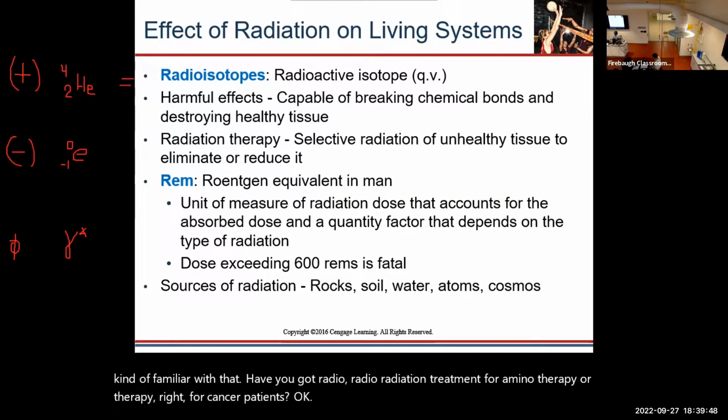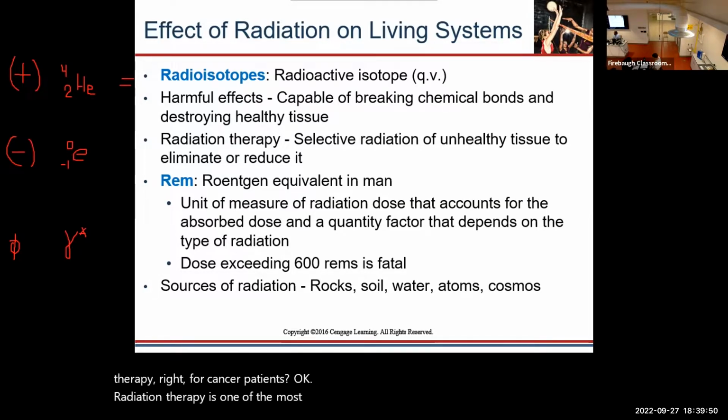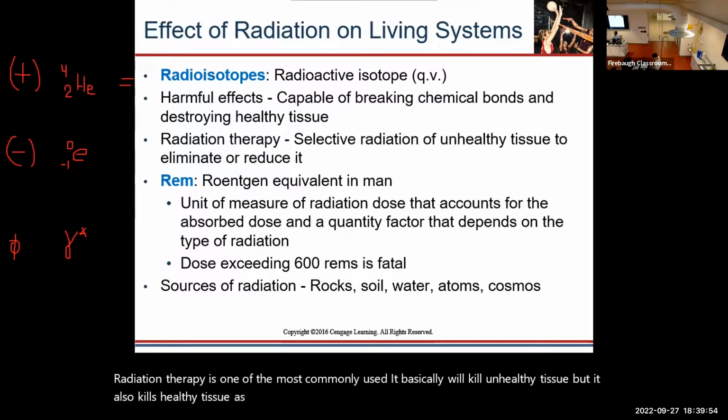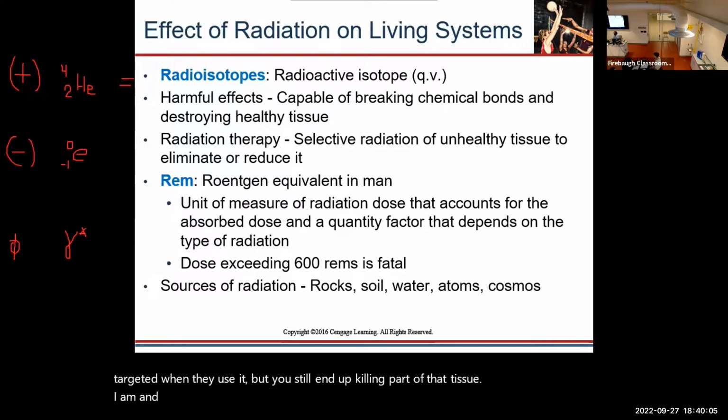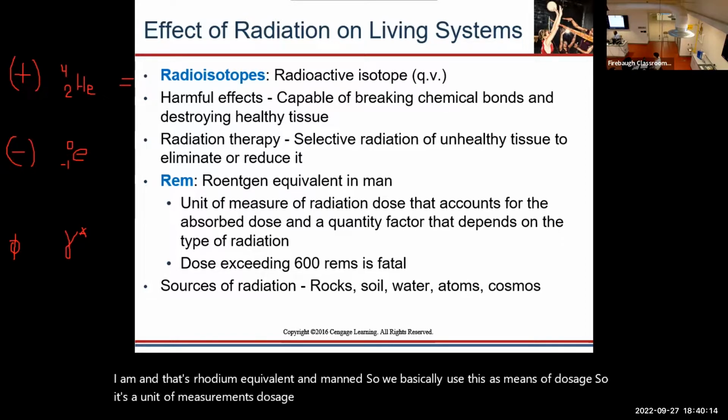Radiation therapy is one of the most common uses. It basically will kill tissue, but it also kills healthy cells. It's often very targeted, but it's still risky. We measure this in REM, the absorbed dose.